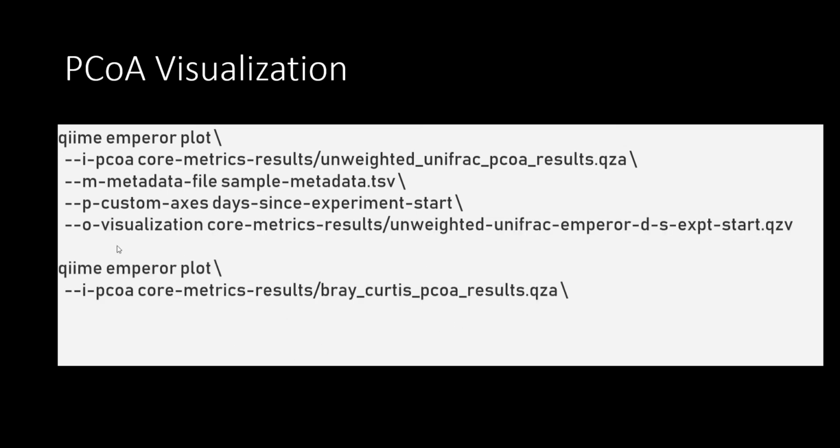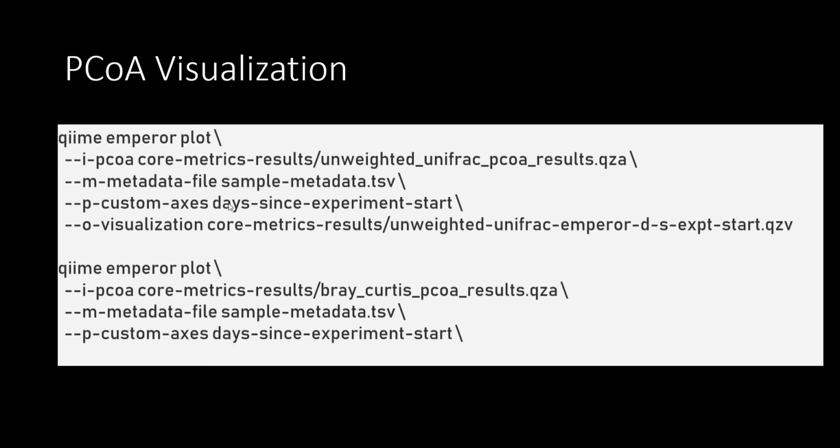And so that's what this command is trying to do, and give you custom access to visualize that. And it's doing it twice. So this one for Bray-Curtis, and this one for unweighted unifrac. So feel free to view those on your own if you're curious.